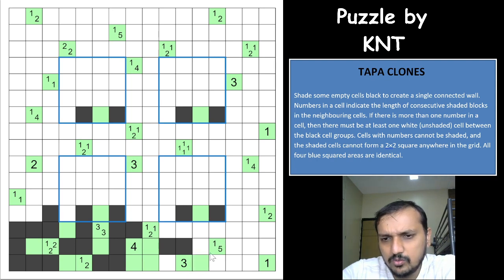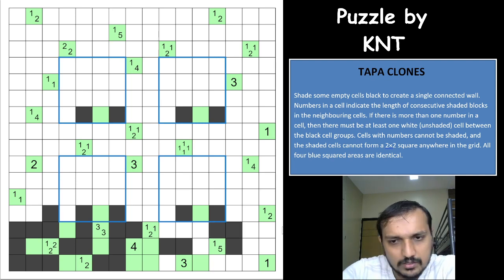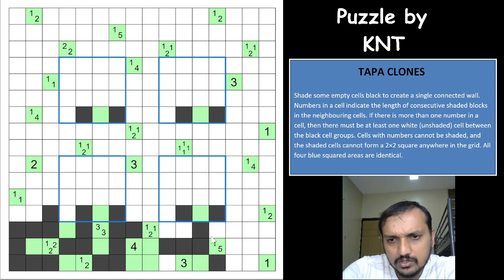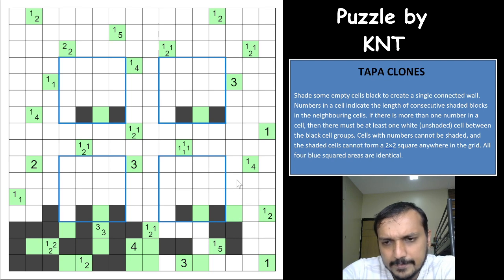For the 1 5 now, the moment you get one unshaded, you can directly write that these three would have to be shaded, whatever be the case. So for the 1 5, it is either this and this 5, or it is either this and this 5. So whatever be the case, these three would have to be shaded.